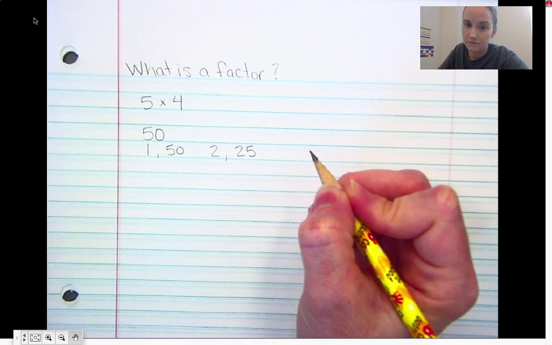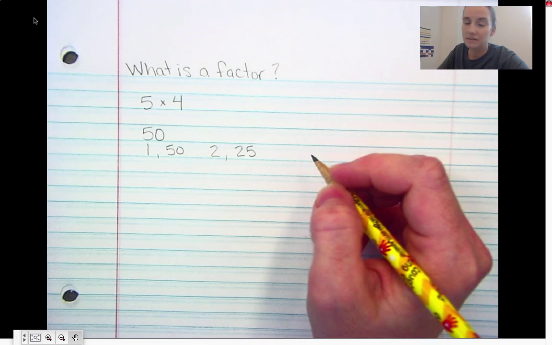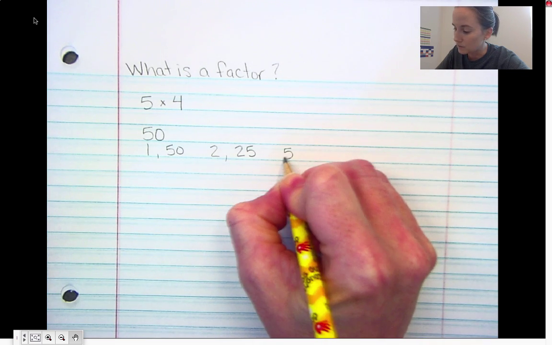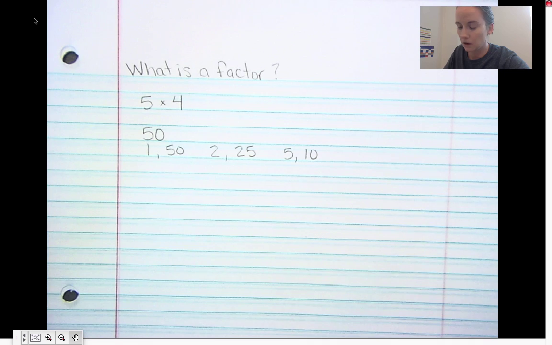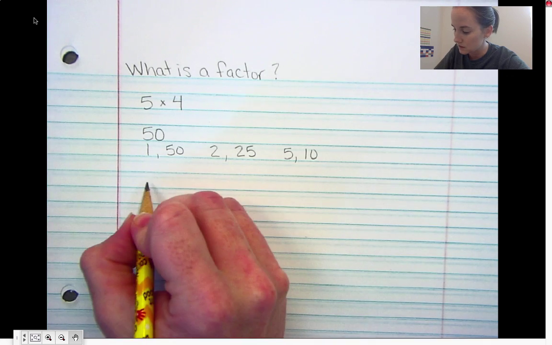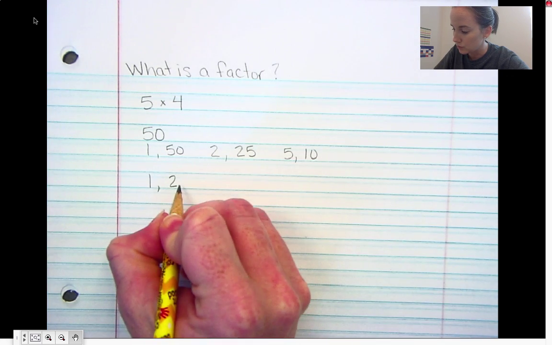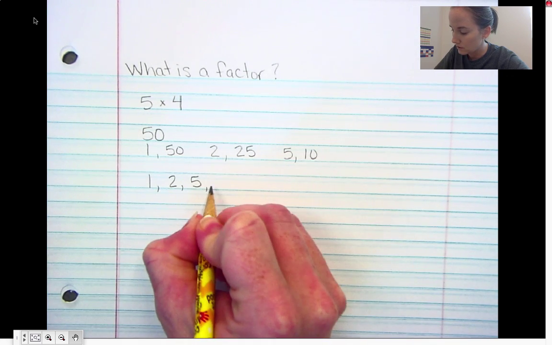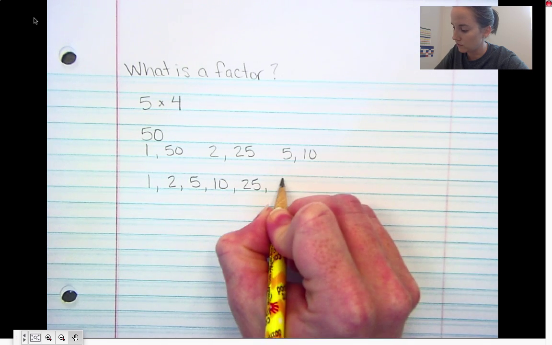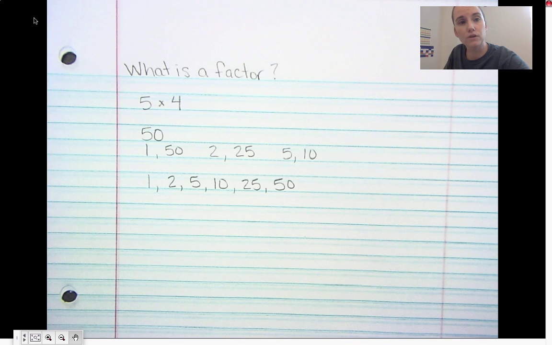There's no 3. 4 times nothing will give me 50. And 5 times 10. Normally, once I get all of these factors, I'll put them in order from least to greatest: 1, 2, 5, 10, 25, and 50. So these are all the factors of 50.